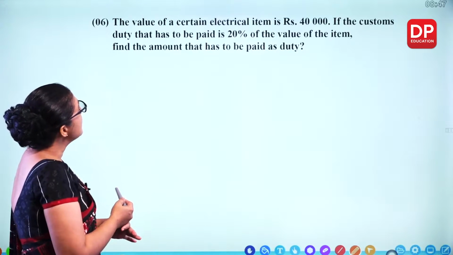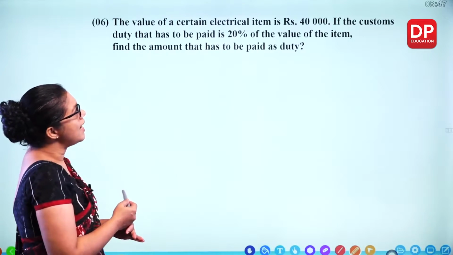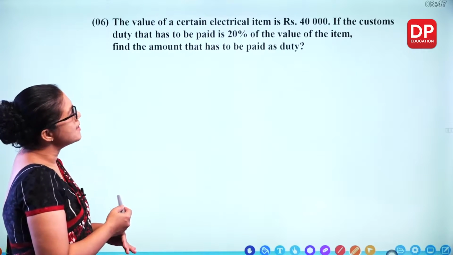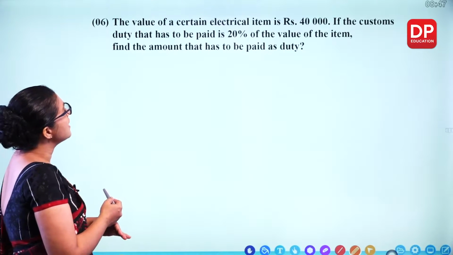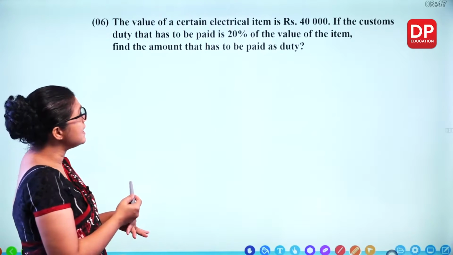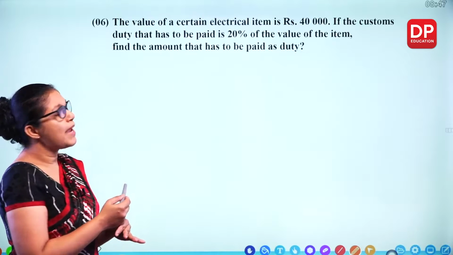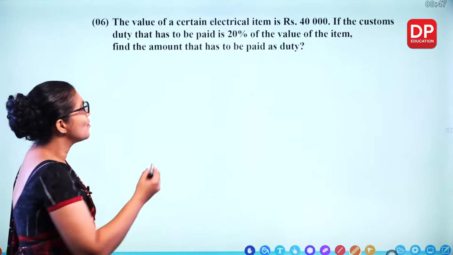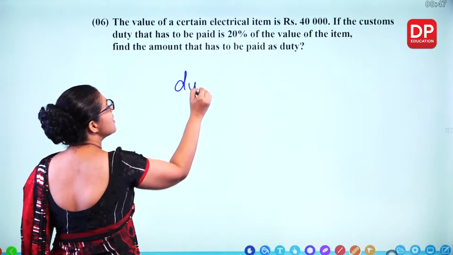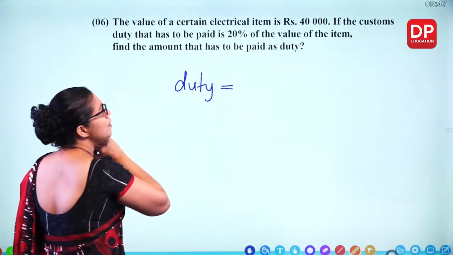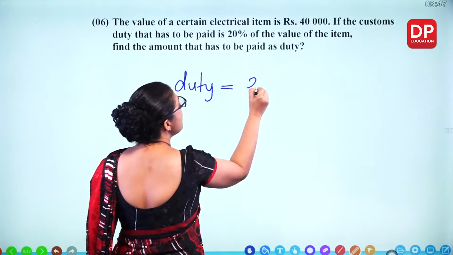Question number 6. The value of a certain electrical item is 40,000 rupees. If the customs duty that has to be paid is 20% of the value of the item, find the amount that has to be paid as duty. So what's the value? Straight away you can find out the value is 20%.